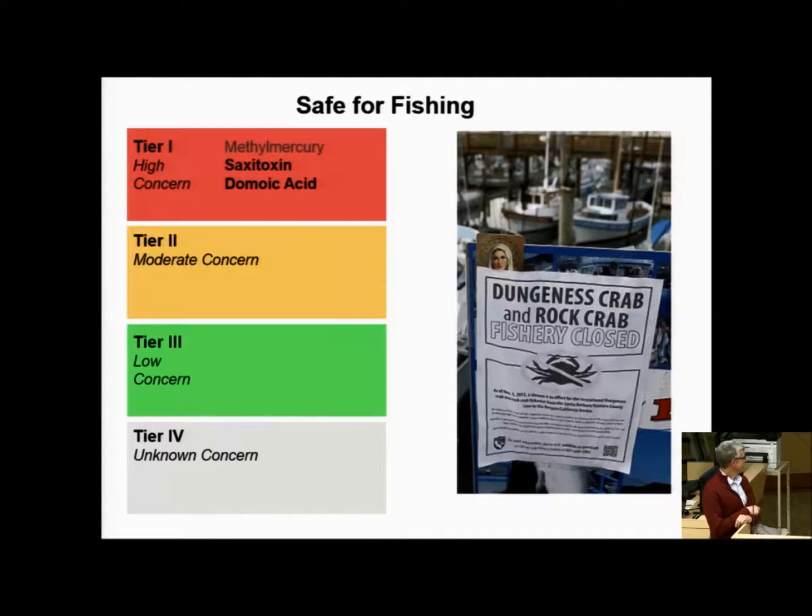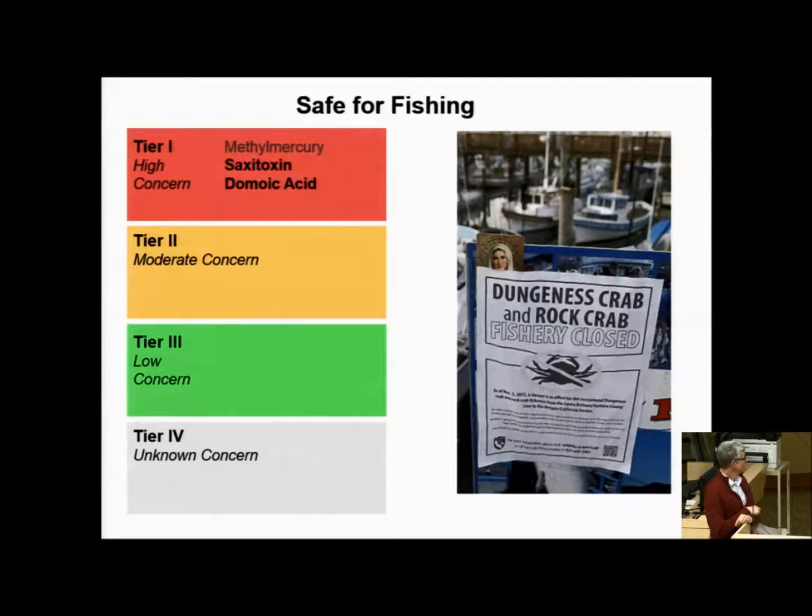But algal toxins like saxitoxin, domoic acid, routinely cause fishery closures, shellfish closures annually on the coast. And then last year, I'm sure everybody heard about the Dungeness crab closure that was due to domoic acid accumulation. So again, major impact of fishery closure, they fall into this high concern category.